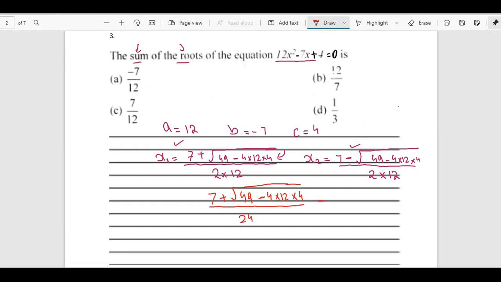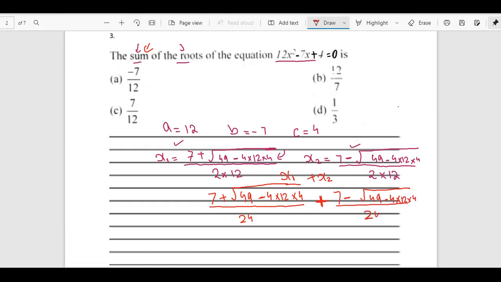Then plus, since I have to find the sum, and then write down the second root, that is minus. I'm doing x1 plus x2 because I have to sum up both the roots. Minus under root 49 minus 4 into 12 into 4 divided by 24.